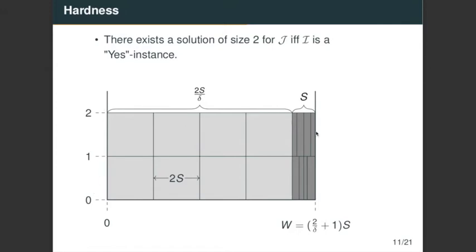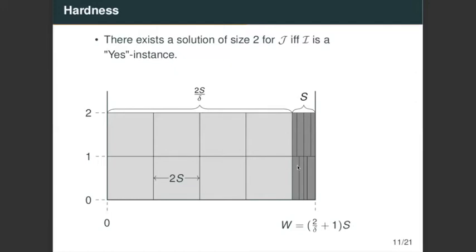We call this rectangle the top shelf. Now we show that one can place the items in S1 in the bottom shelf, to the right of 1 over delta dummy items and to the left of these items, and place the rest of the items in the top shelf. Here in this instance, you can see that the dummy items are shown in light gray and the main items are shown in dark gray.